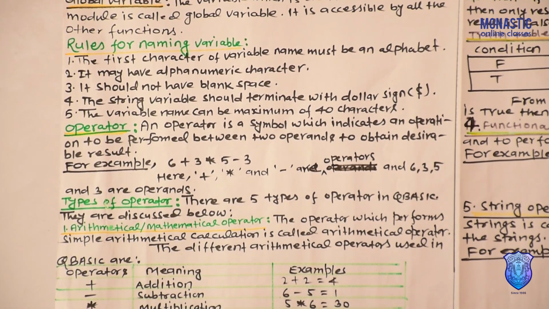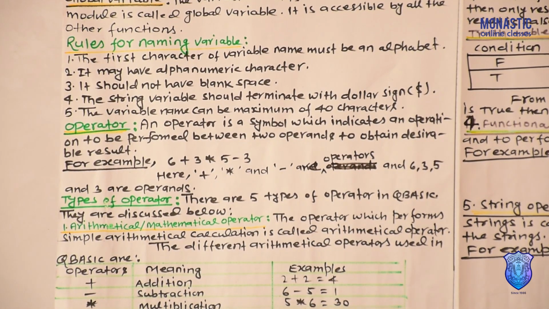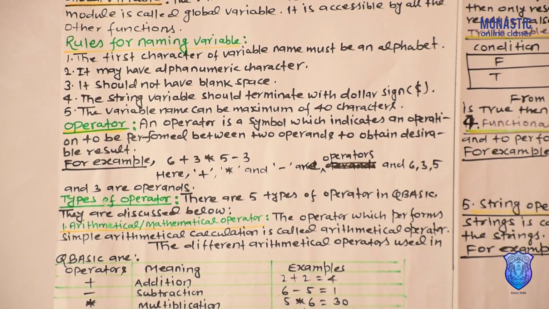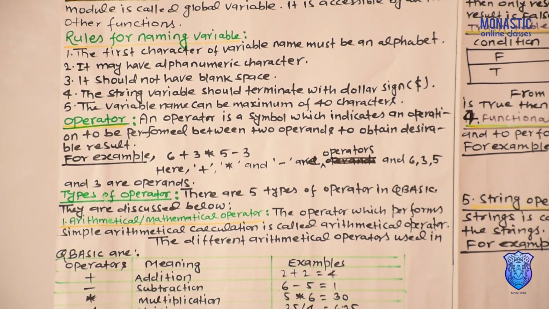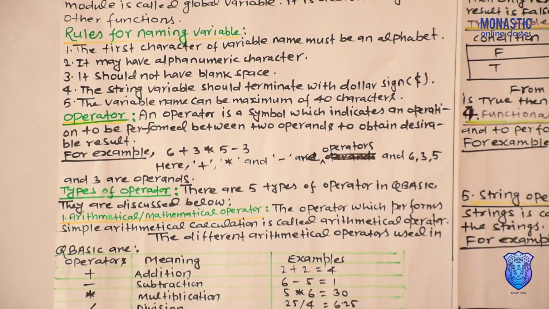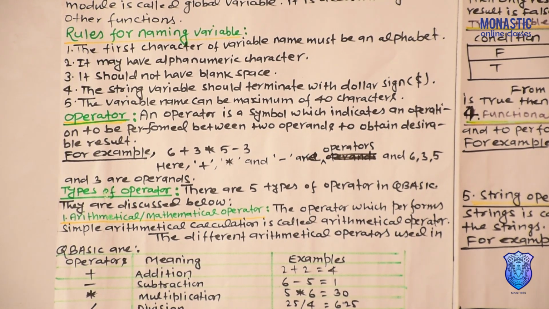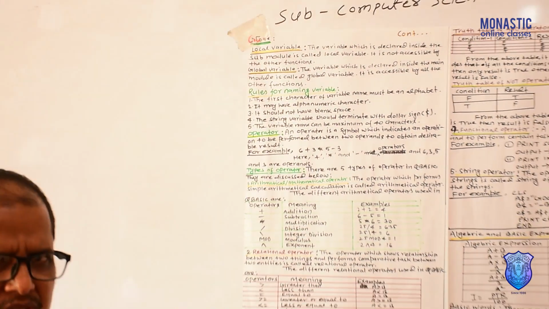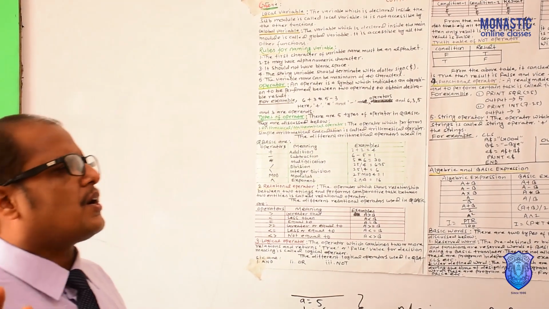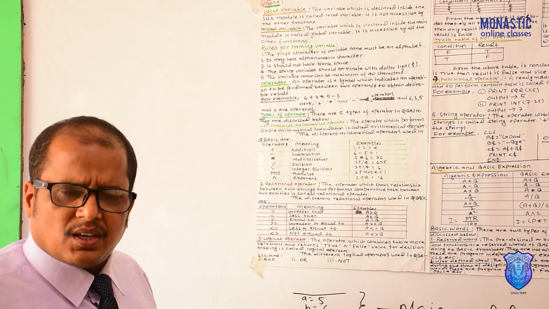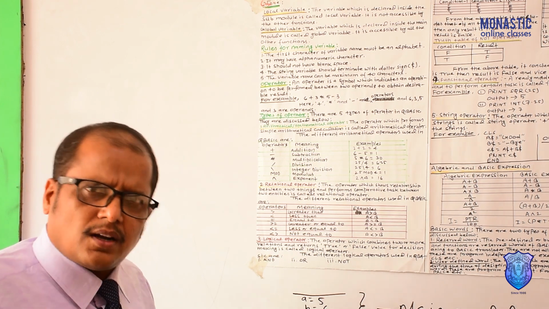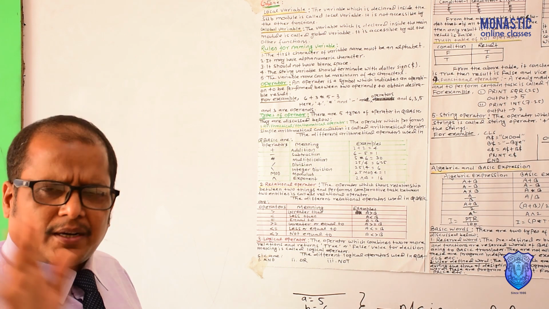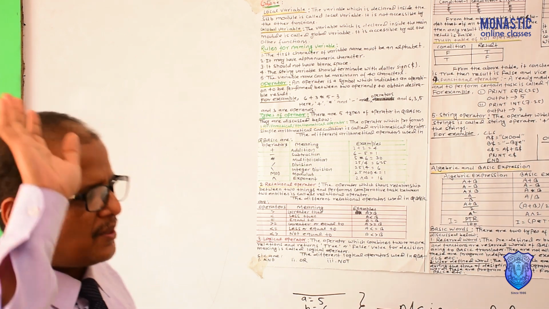A variable always starts with an alphabet, for example A, B, C, and so on. It can be in any case, either upper or lower case, but the first character must be an alphabet. If you have started with any symbol or any number, then that is considered an invalid variable.